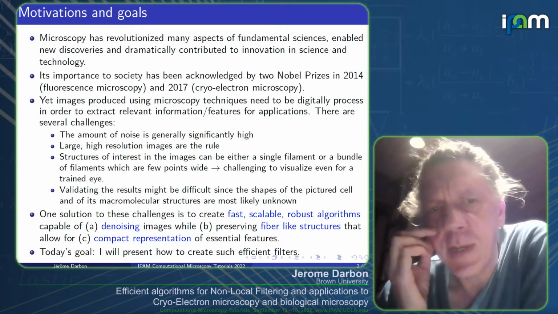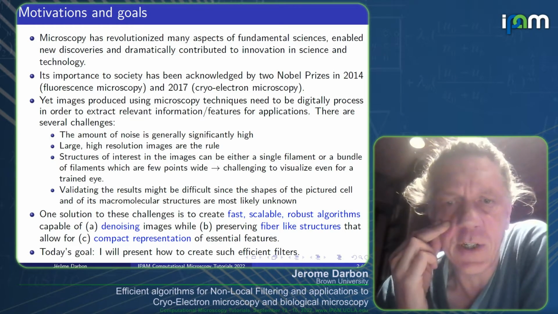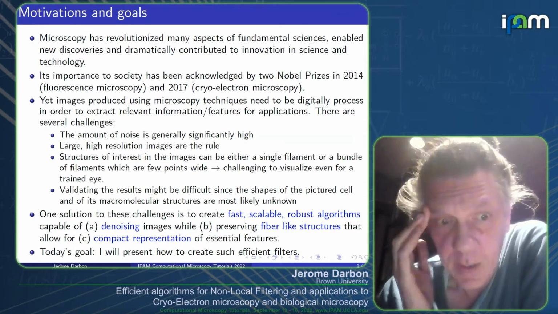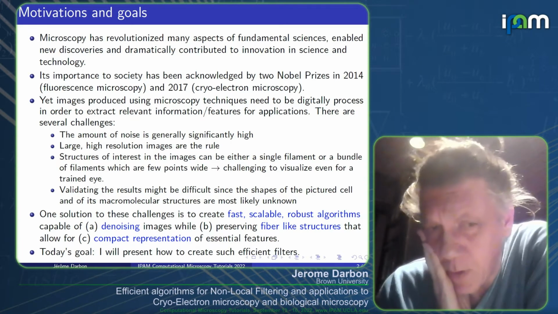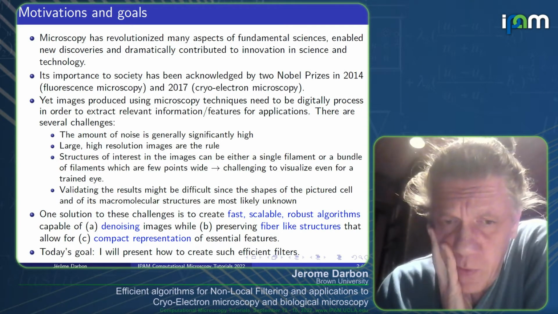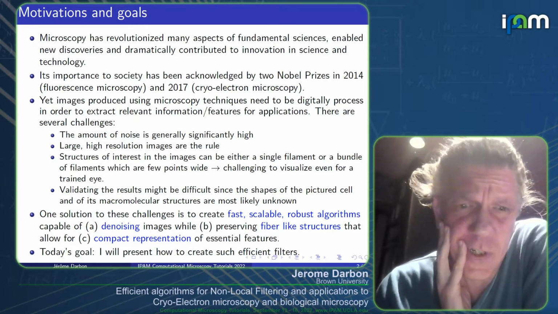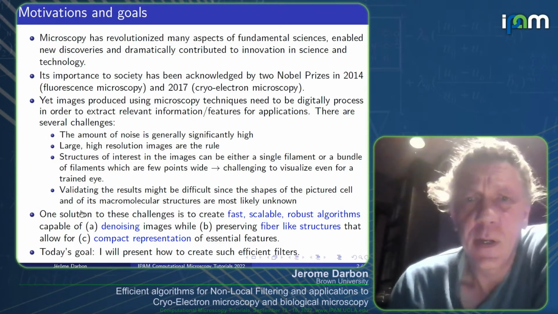And if we are able to do that, then it paves the way to get compact representation of essential features that are contained in these images. So today, my main goal is to give you a quick overview on how we can create super efficient and scalable codes to create those filters, to process these images.